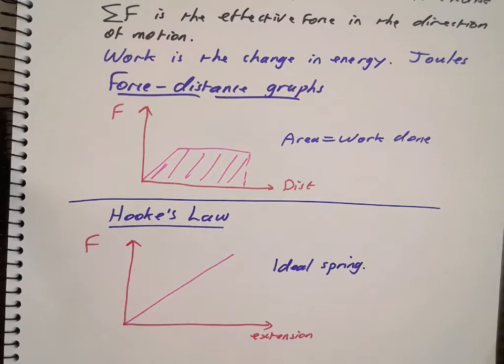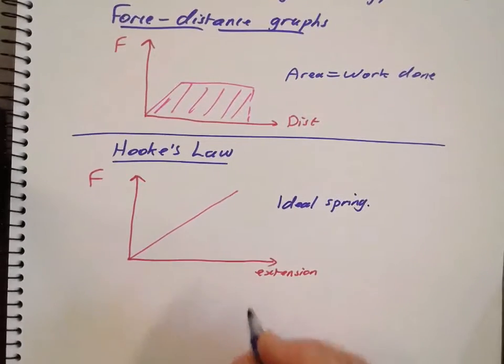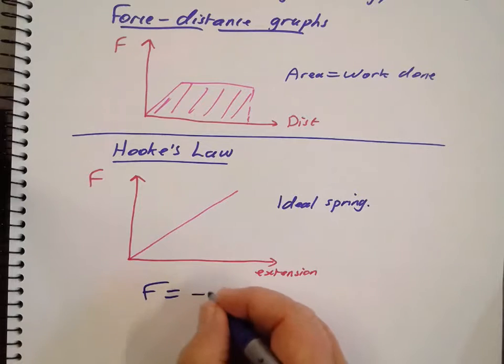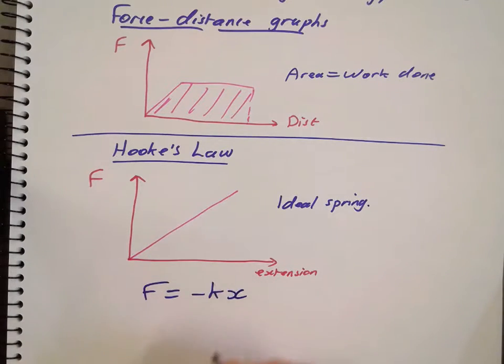Okay, and we know from our understanding of mathematics that it's going to be a very simple relationship. And I'll explain what the minus is to do in a minute.